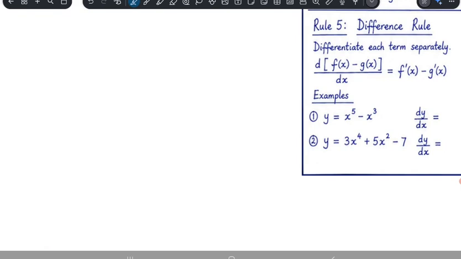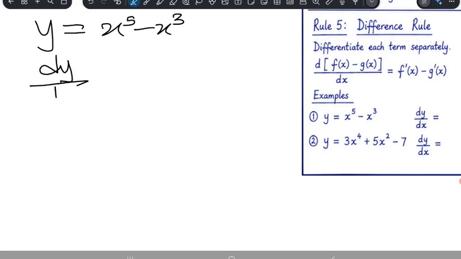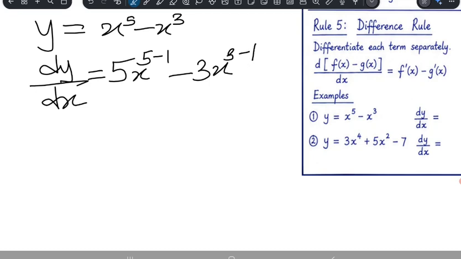So we have y is equal to x raised to power 5 minus x raised to power 3. dy/dx, we have 5x to the power 5 minus 1, minus 3x to the power 3 minus 1, which is equal to 5x raised to the power 4 minus 3x squared. So that is the answer for that question.